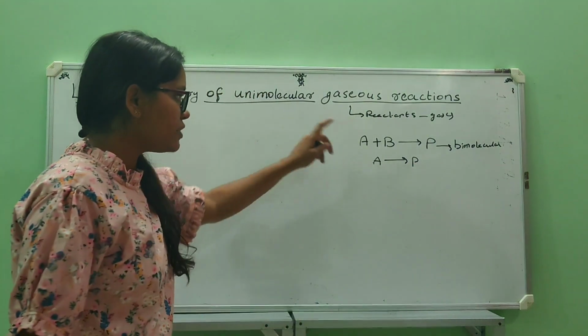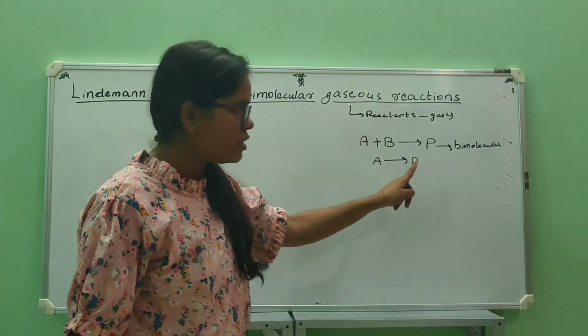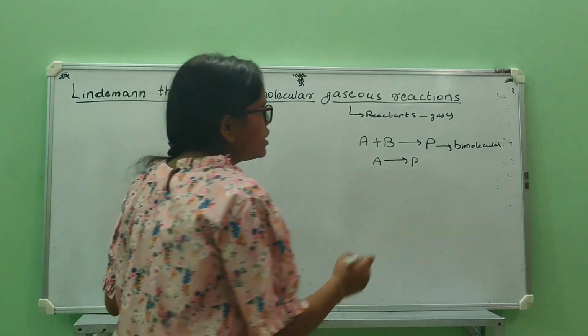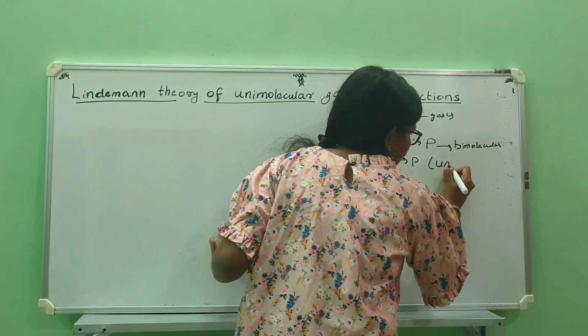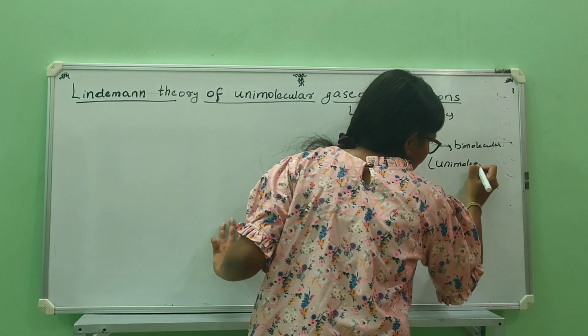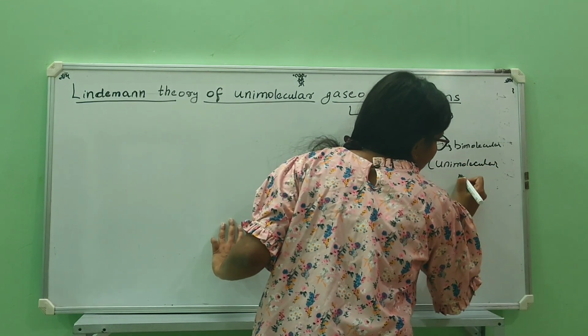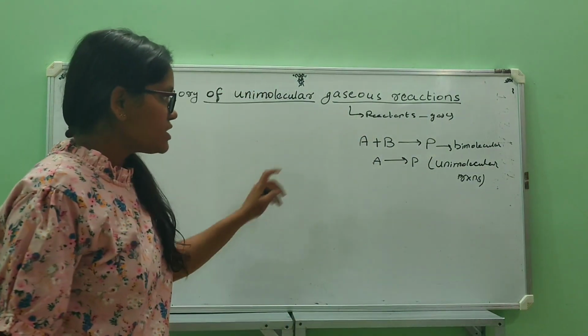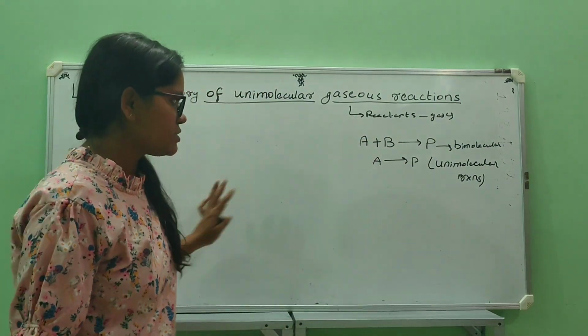Here only one reactant molecule is involved in the reaction to give the product. Such reactions are called unimolecular reactions. What are the examples of unimolecular reactions?